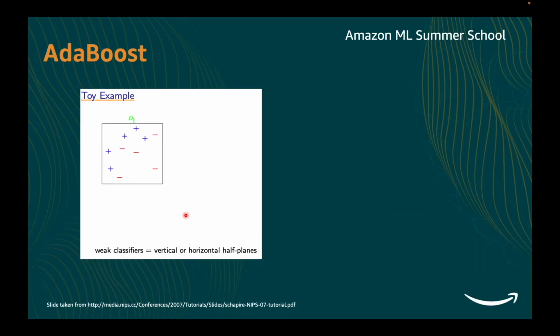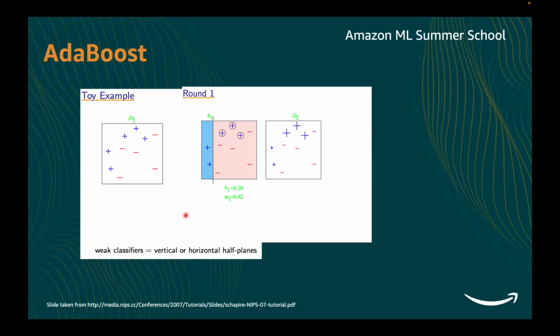So here let's just take a toy example and see exactly how this works. Here's the very first iteration. In round number 1, you've built a single classifier, and these examples over here are incorrectly classified by the classifier h1.